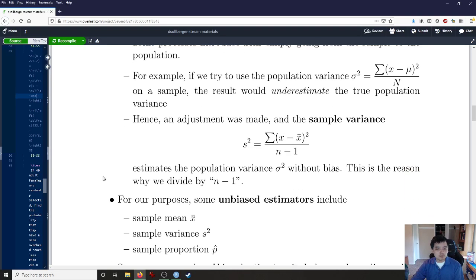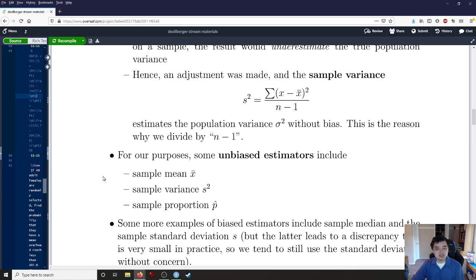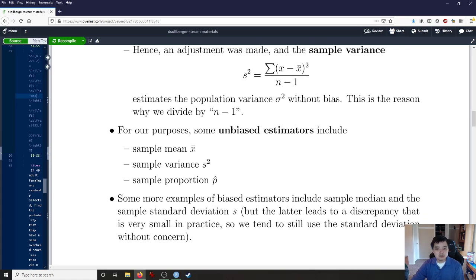Now, for our purposes here in data science in our Bio 18 course, the unbiased estimators, as you suspect, are the ones that do not introduce bias going from the sample to the population. The unbiased estimators include the sample mean x bar, the s squared that has this n minus 1 in the denominator, and proportions as well.